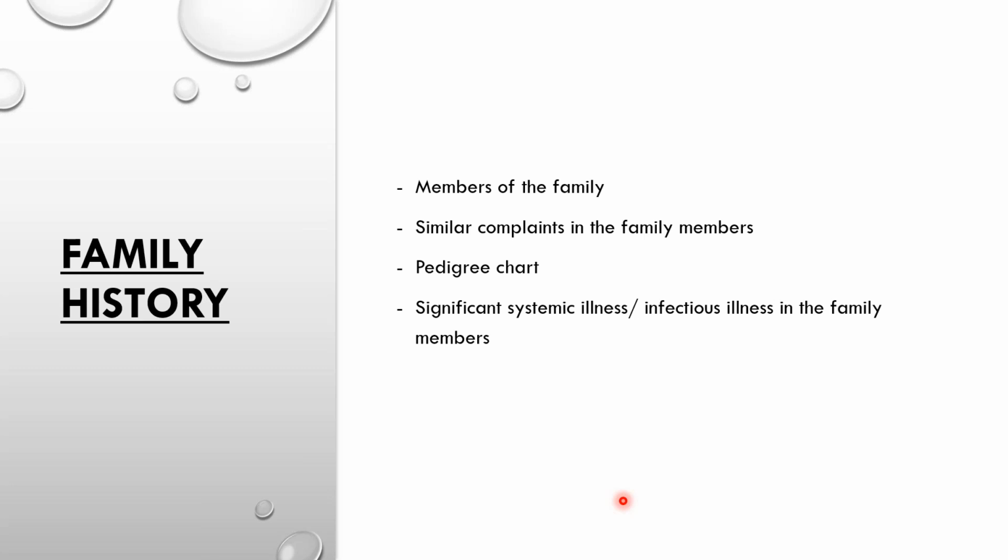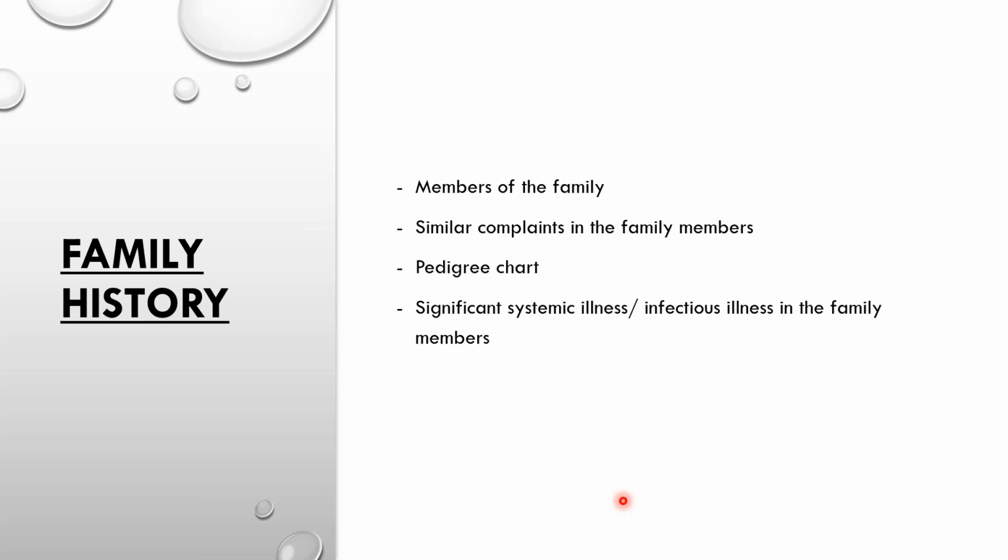Then somebody, for example, who has a family history of TB. Now they've come to you with painful loss of vision, and on examination you find keratic precipitates and aqueous cells and flare, and you diagnose this to be a case of uveitis. Now when you ask the patient, is there a history of TB in your family, or have you ever suffered from TB?